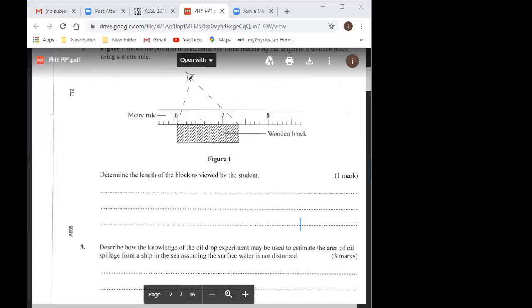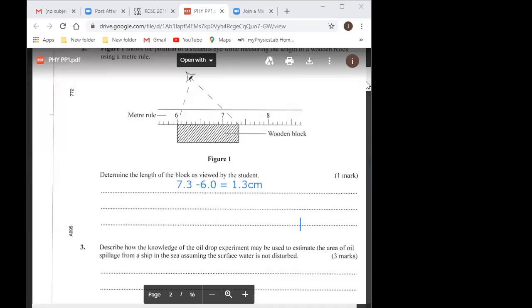So we just write down 7.3, you subtract 6.0. Whatever you get becomes the answer, which is going to be 1.3. Don't forget to write the units, because the units qualify. By not writing the units, you might be denied a mark.